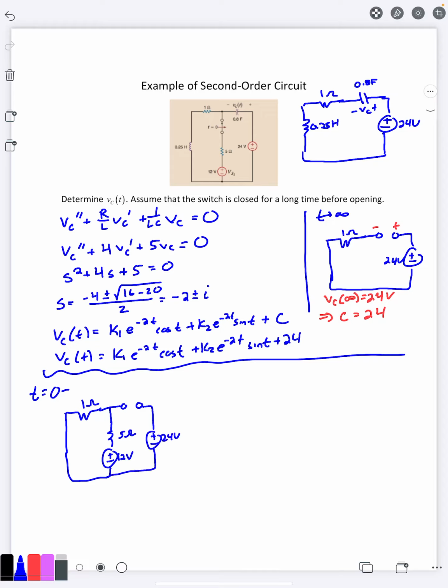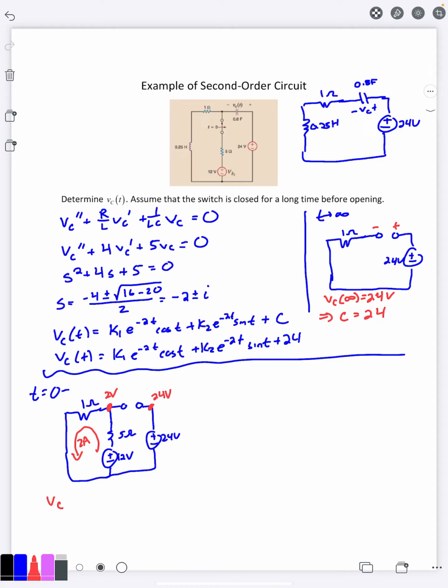Okay, so because of the open, the current that's going through the circuit is not going to go on the right side at all. So really, we just have current flowing around this left loop here. And we can just do 12 volts over 6 ohms. It's going to be 2 amps here, which means there's a 10 volt drop across the 5 ohm resistor, which means at this point, we are going to be at 2 volts. And that means this one's 24 volts from the source.